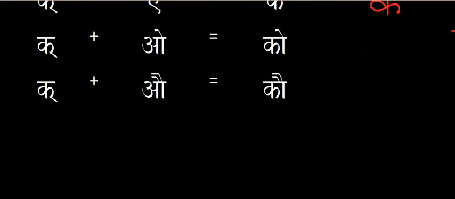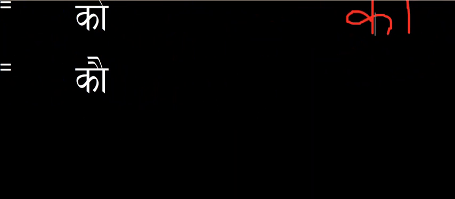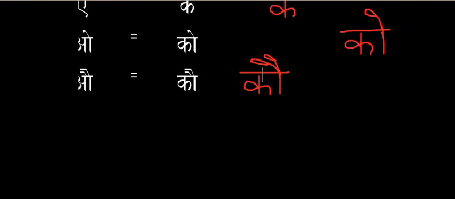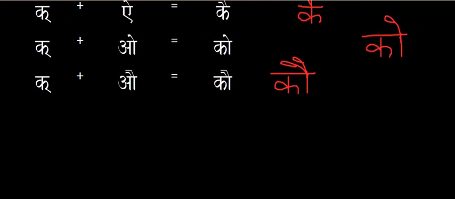And then k plus au gives you kau. Kau. So k, the line, and then two loops. Kau. Again, the font is going to be different from the way it's actually written out, but they are loops on the top.